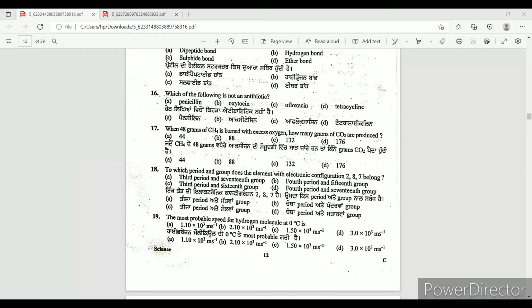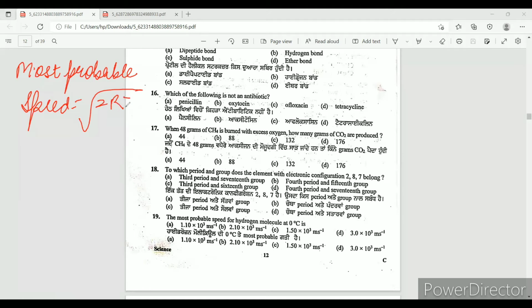Now moving to the next one, the 19th question. The most probable speed for a hydrogen molecule at 0 degrees Celsius is what? The formula for most probable speed is under root 2RT by M, where R is the gas constant, T is the temperature in Kelvin, and M is the molecular mass of your molecule.